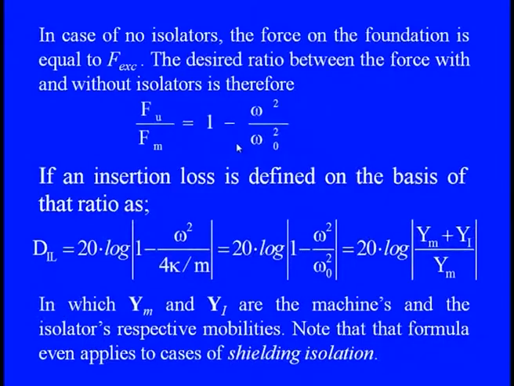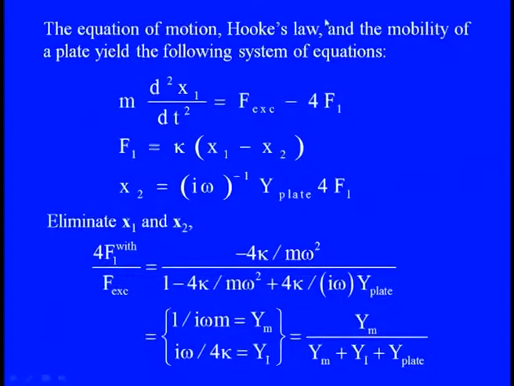Ym is the mobility of the machine and Yi is the mobility of the isolator. When they are varied, we need to keep in mind that 1 by I omega is clearly showing the mobility of the machine, and I omega by 4K is clearly showing the isolator mobility.